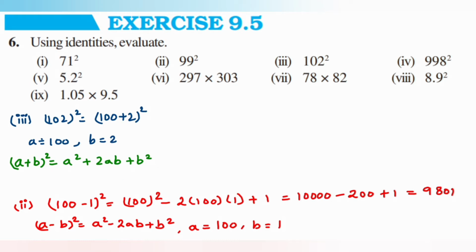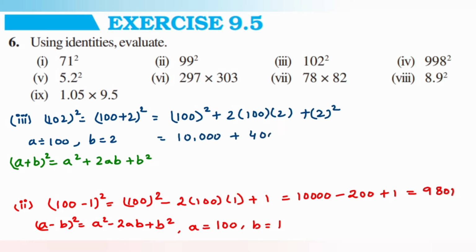So this is equal to 100 square plus 2 into 100 into 2 plus 2 square. We're just taking a and b value and substituting there. So 100 square is again 10,000 plus 400 plus 4. So this is equal to 10,404. So this is the third one.